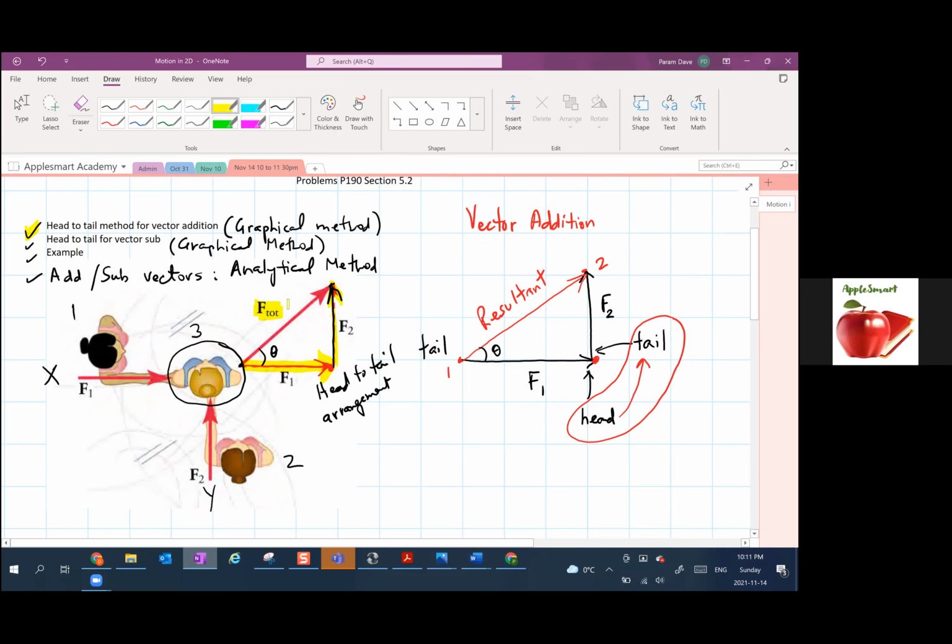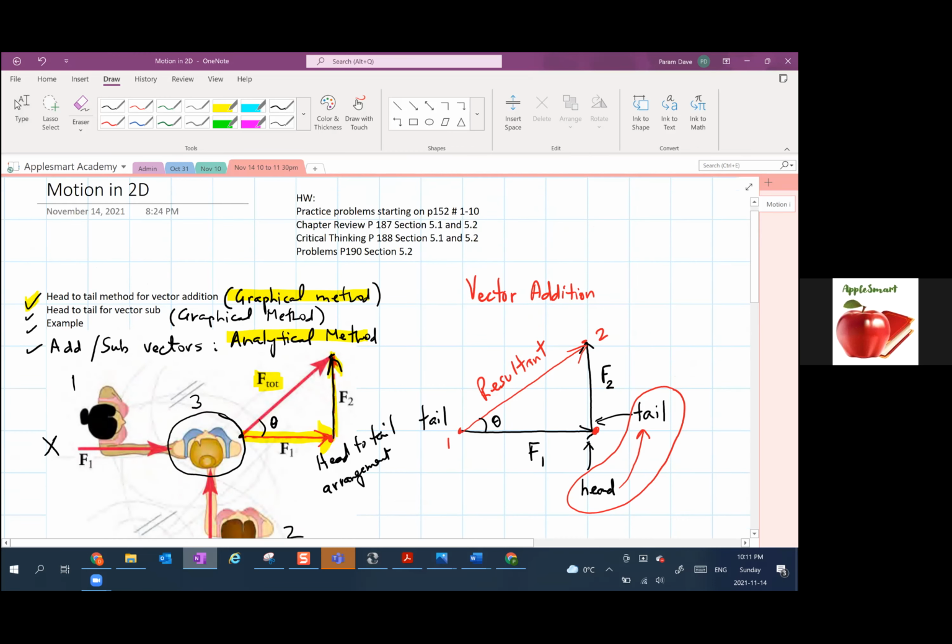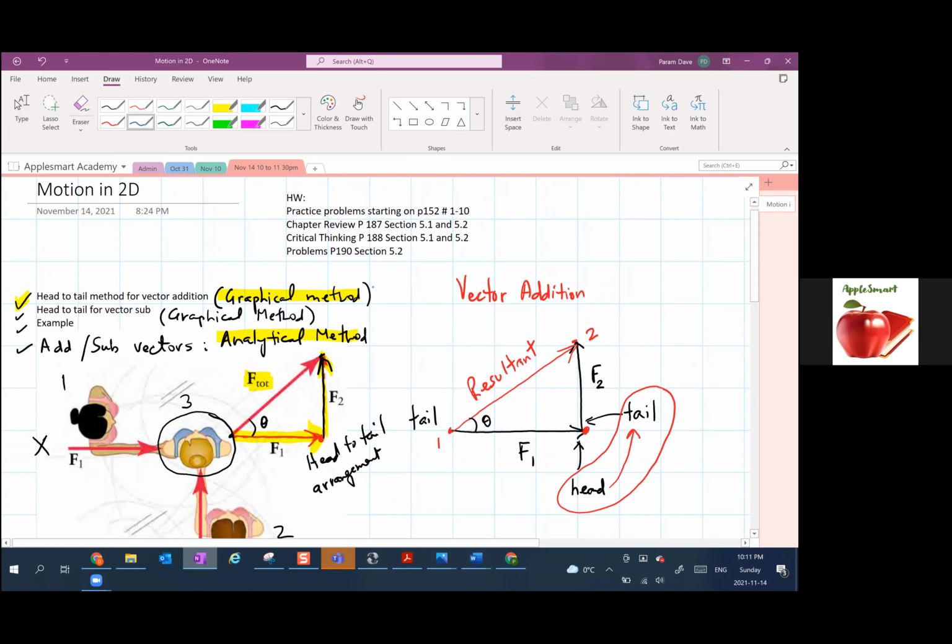In reality, there are two methods of doing that. One is the graphical method, and the other one is the analytical method. The graphical method involves a little bit of approximation, and the analytical method is accurate. There is no approximation over here.